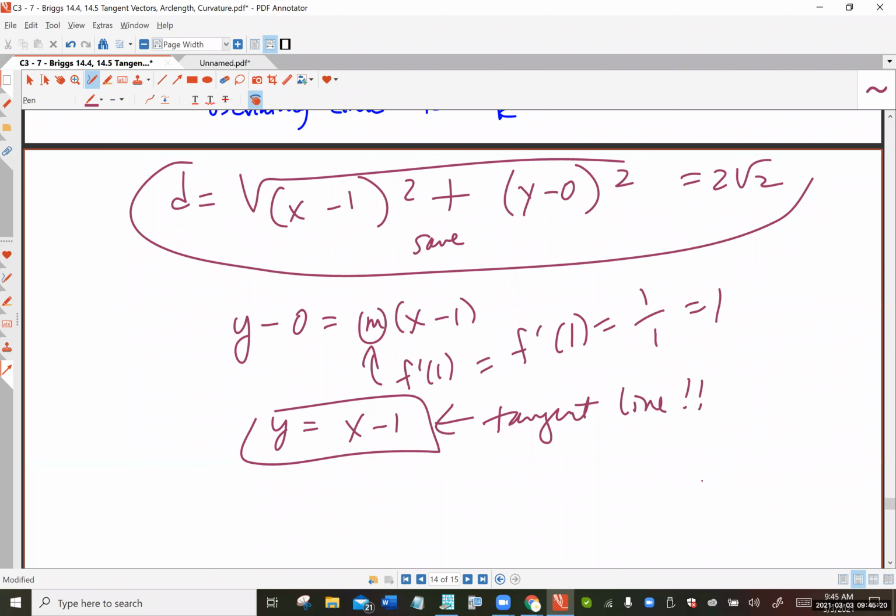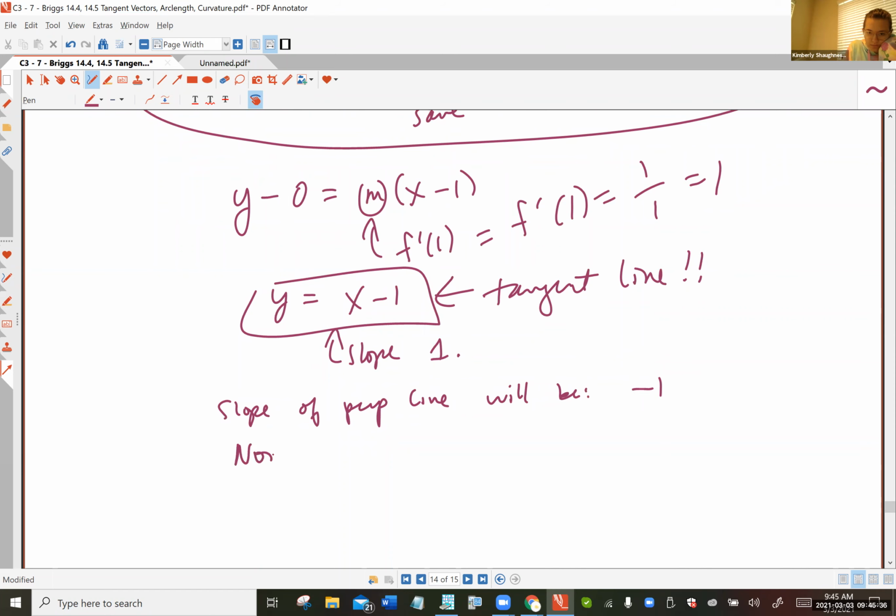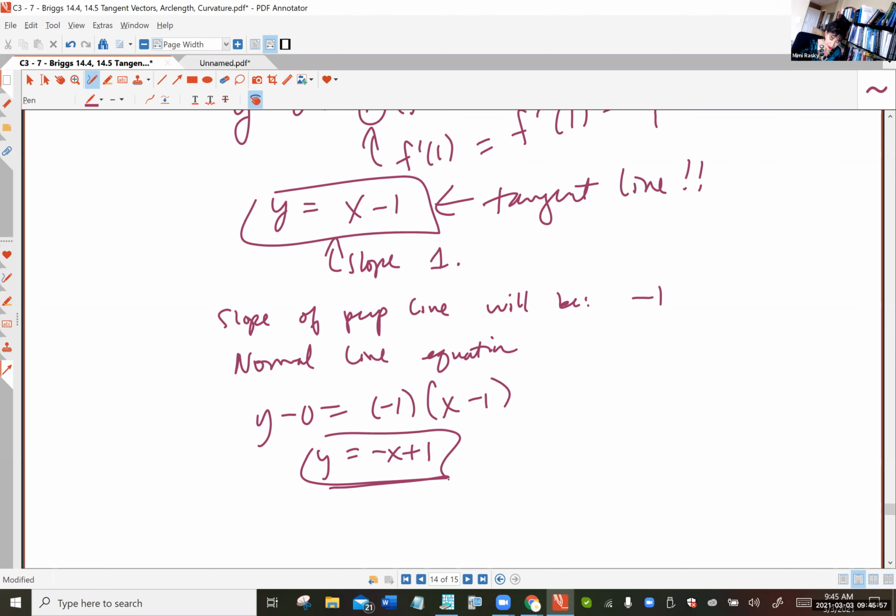So we're going to call this the normal line or the perpendicular line equation. It still has the point 1, 0 on the line, but its slope m is -1. And so when you distribute your negative, the perpendicular line or the normal line equation is that. Okay, so how is that helpful?